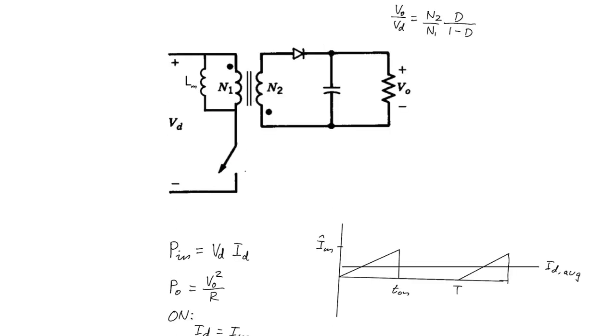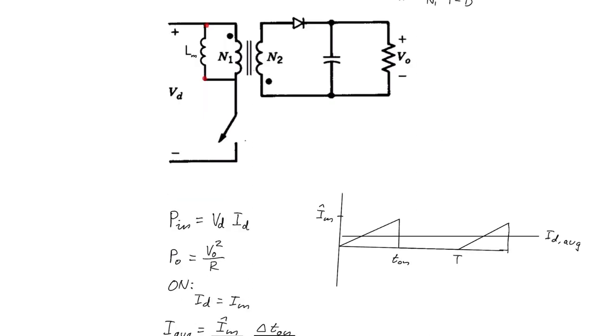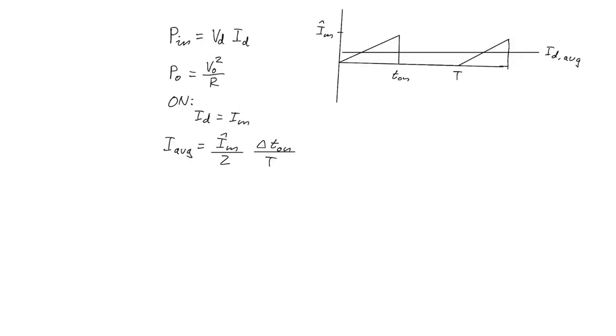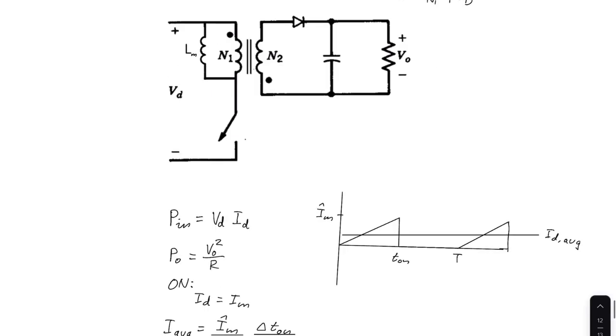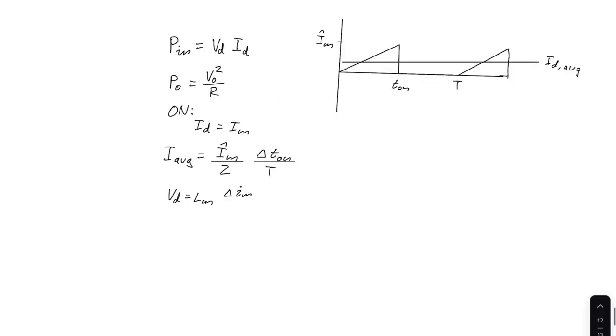We know that the voltage over here should be equal to VD. So the voltage here should be the same as here, right? So therefore we can calculate the current going through this inductor. Therefore VD should be equal to the mutual inductance multiplied by the change of current going through the mutual inductance here over the change of time when it's on.